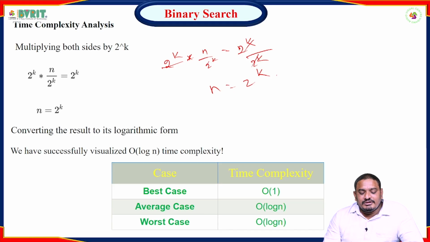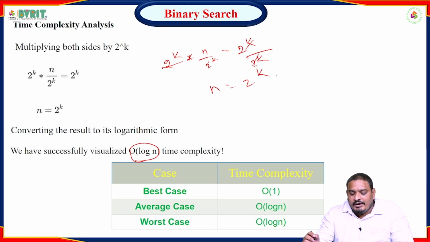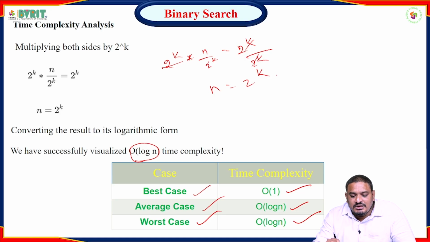Now, to convert this result into a logarithmic value and get O of log n for the time complexity, we find that the time complexity for binary search is: best case O of 1, average case O of n log n, worst case O of log n. This is the time complexity for binary search.